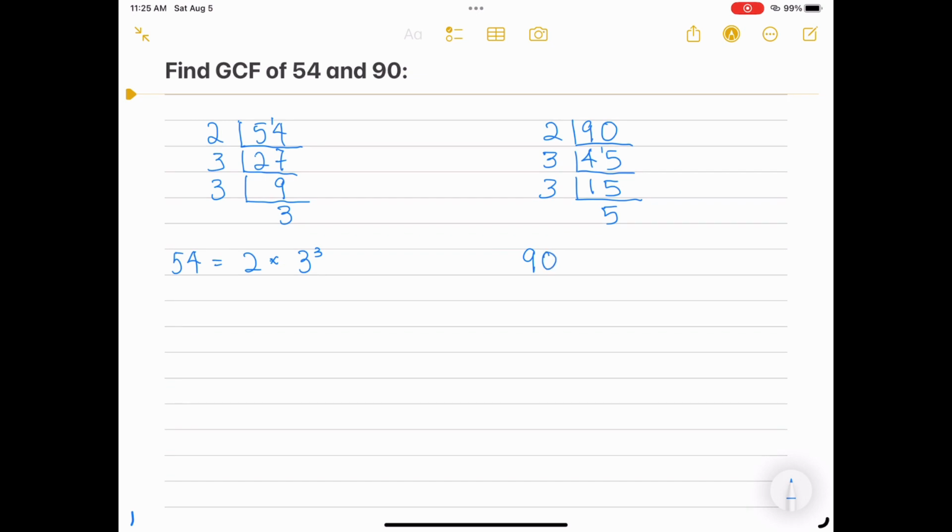So now we find the lowest power of each factor that occurs in each of the factorizations and multiply those lowest powers together. In this case, it would be 2 times 3 squared, or 2 times 9, which equals 18. So the greatest common factor of 54 and 90 is 18.